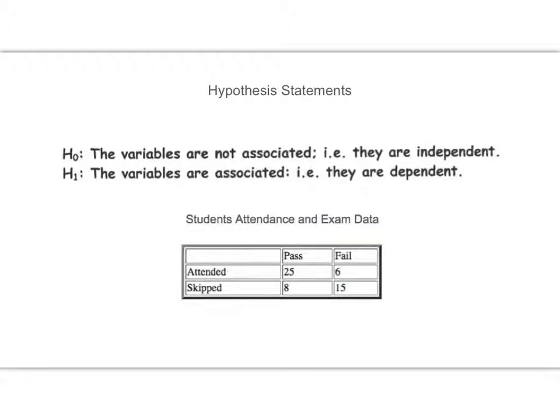In the instance of my student attendance and exam data, my null hypothesis would be that attendance and test statistics are independent, and my alternative hypothesis would be that attendance versus my exam data is dependent.